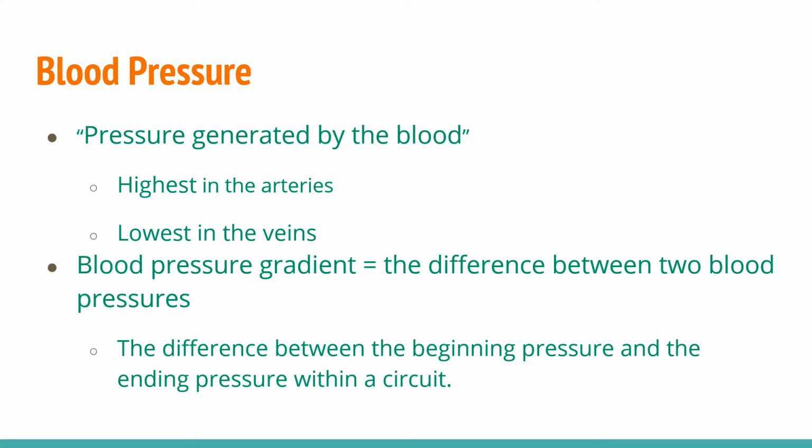That pressure gradient between the veins and the arteries, or the contraction, your systolic, and the relaxation, your diastolic, is what determines your blood pressure. So it's the difference between the beginning and the ending pressure within a circuit.